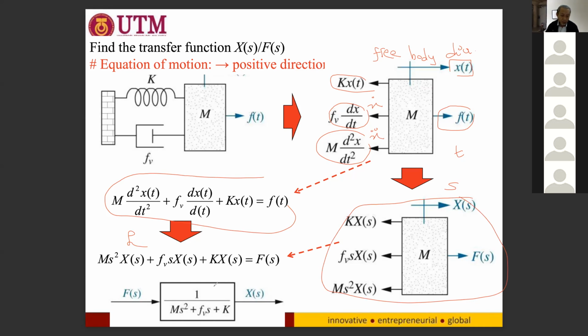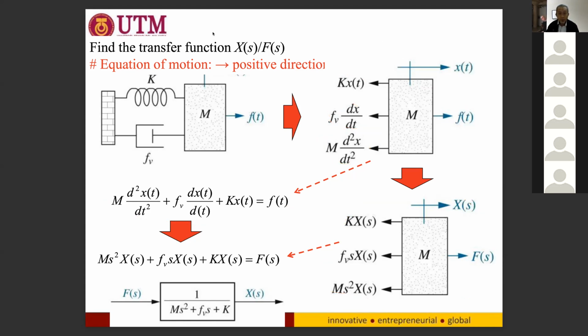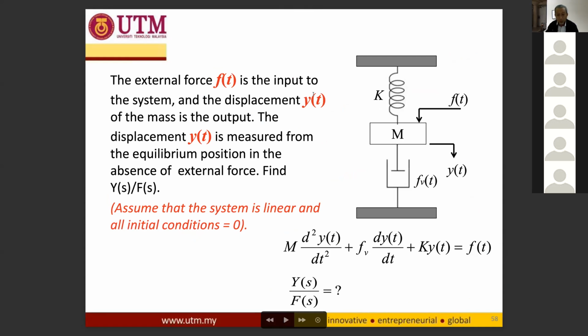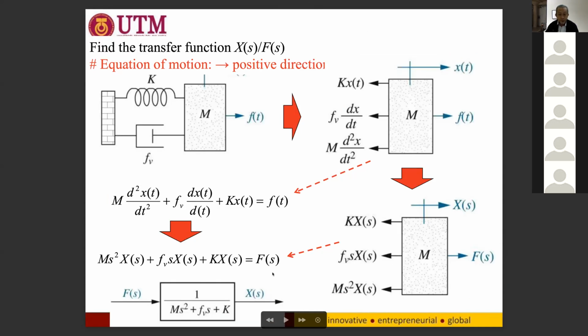So the transfer function X over F is equal to 1 over M, over s² plus Fv over M s plus K over M. So it is a second order system.